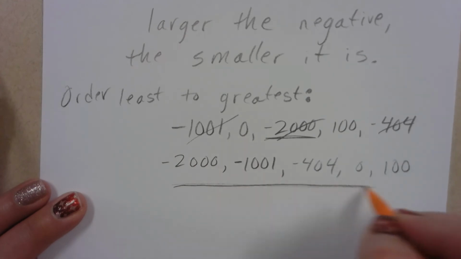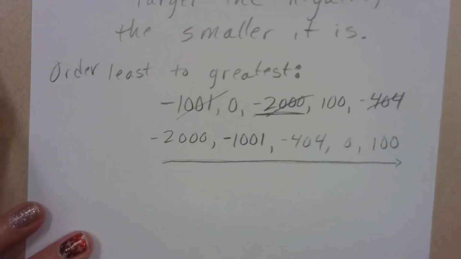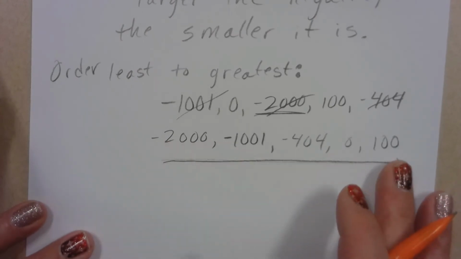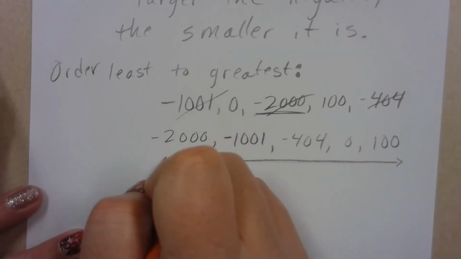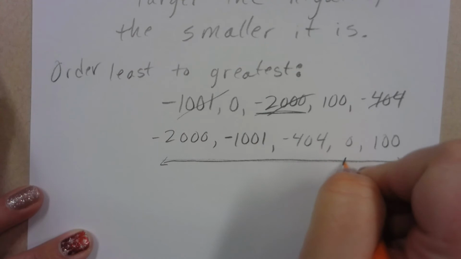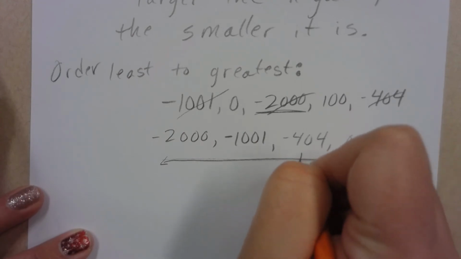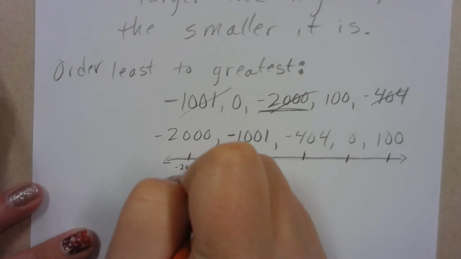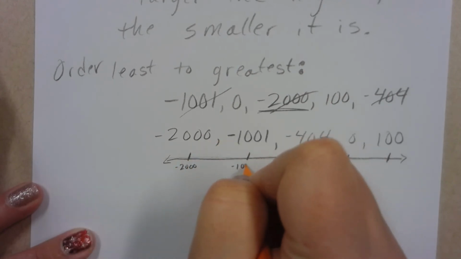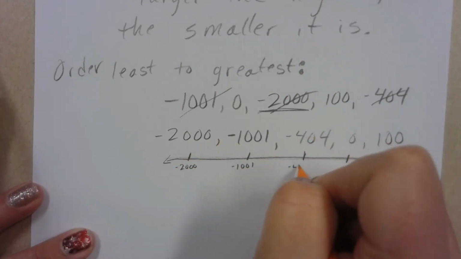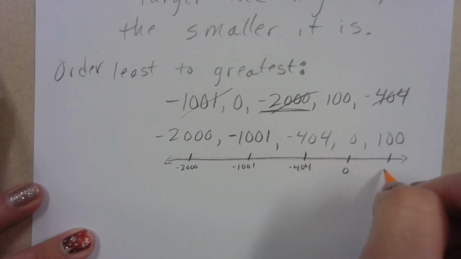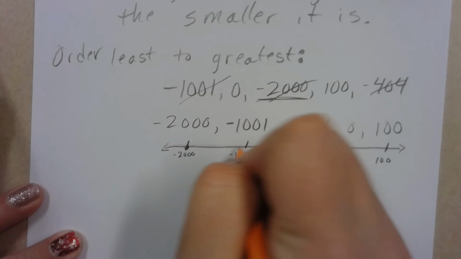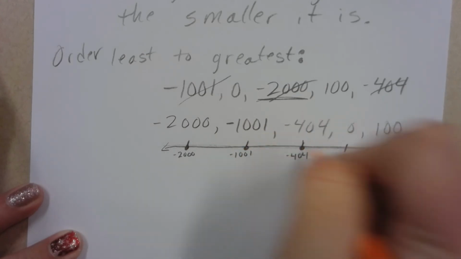Now it's going to ask you to put it on a number line. Obviously these numbers don't have normal intervals. So I would be fine if you just labeled it, that -2000 would be here, and labeled it on a number line as so.